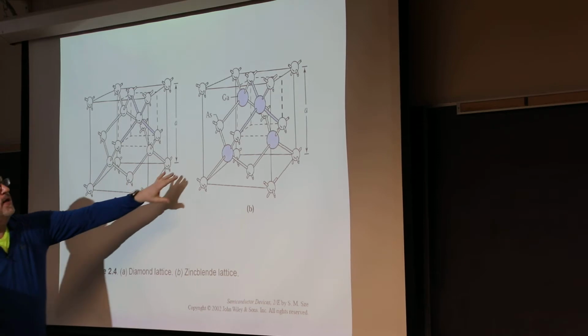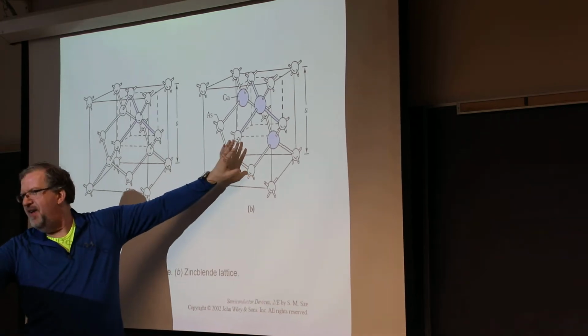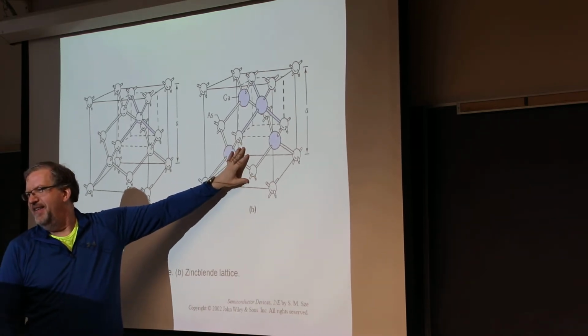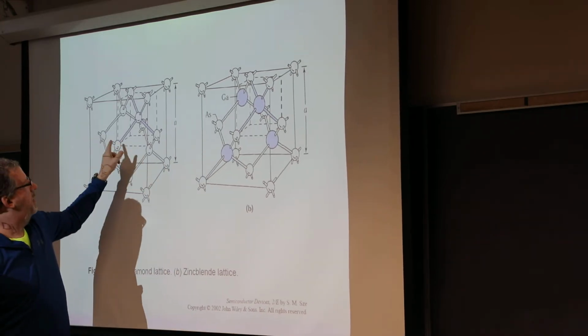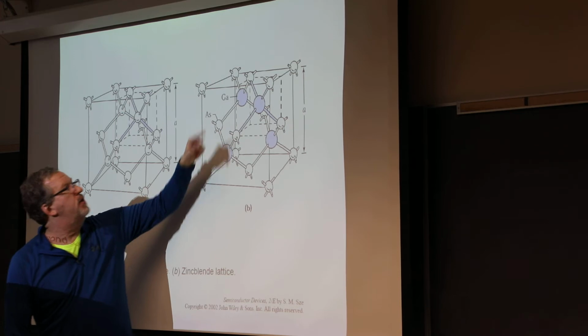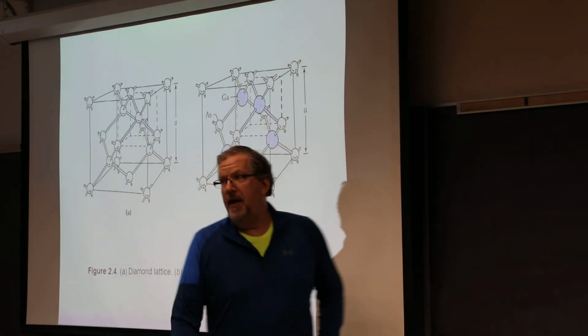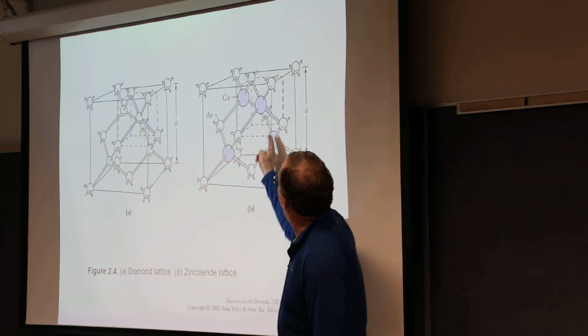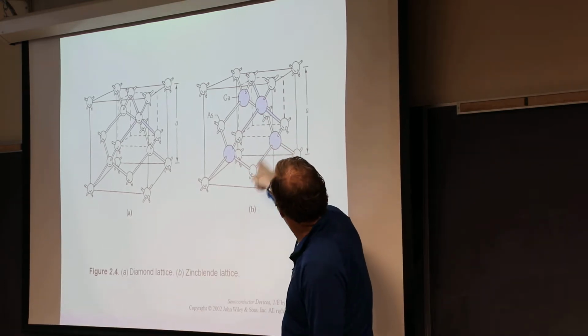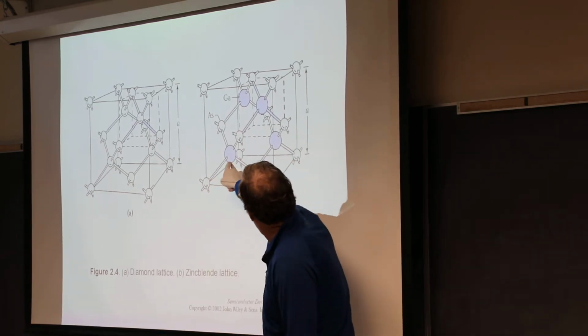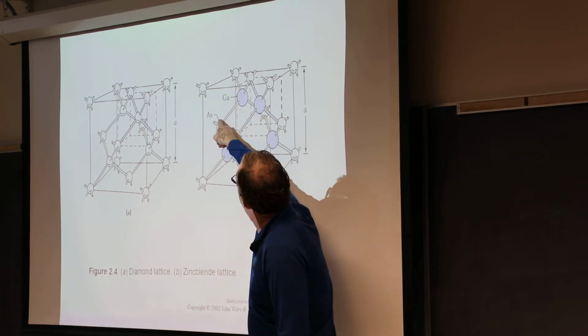And then this one, now you can say it. Yeah, gallium arsenide. So this is the diamond, and this is the zinc blende, where you have two different atoms. It's easier to pick out where the extra four are because they're of different size, a different color. And you can see that's a projection of that, that's a projection of that, and that's a projection of that.